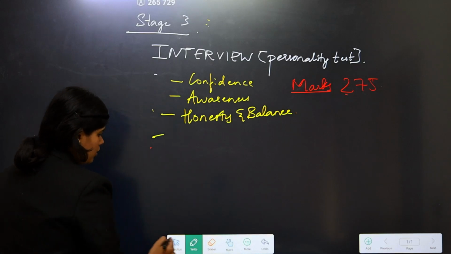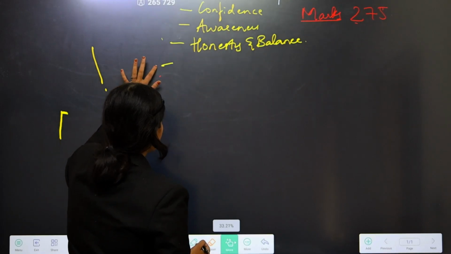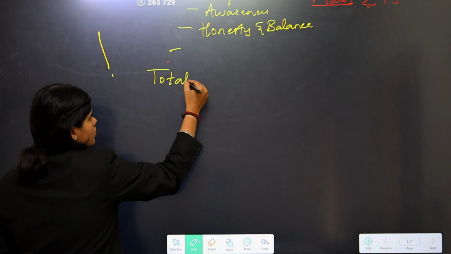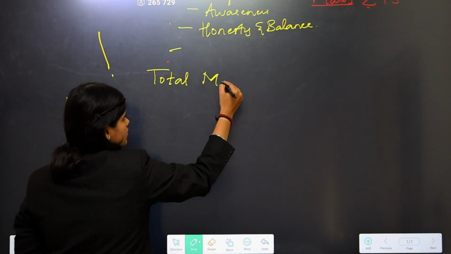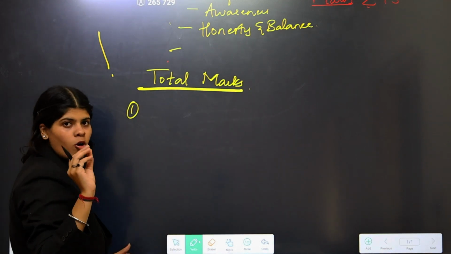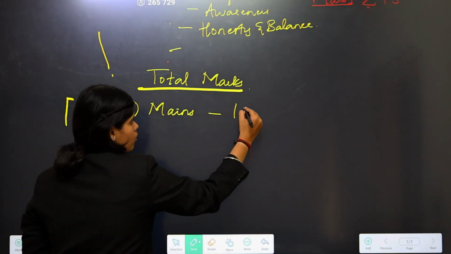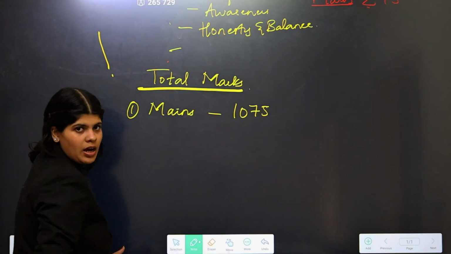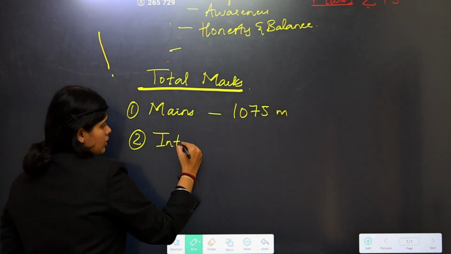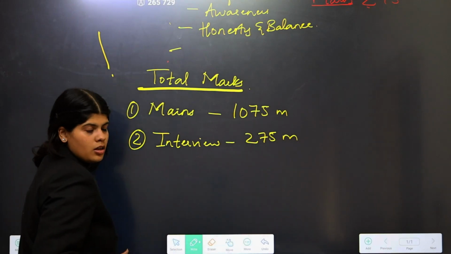Now talking about the total marks. I told you prelims will not be added to your finals. It's only mains. Mains is going to be 1750 marks, and your interview is 275 marks. What's your total?